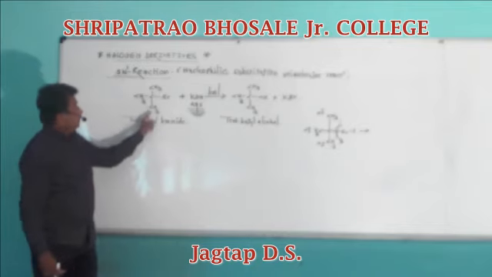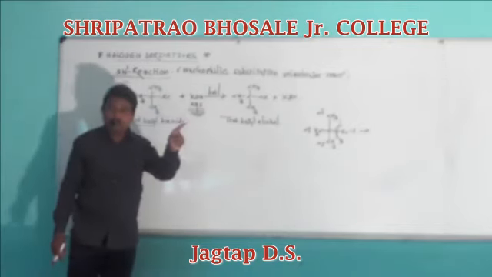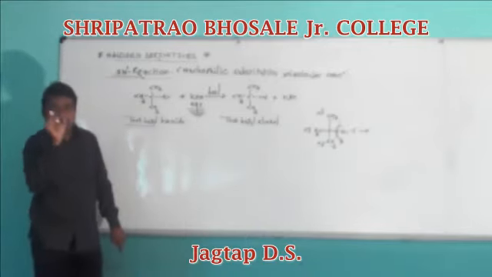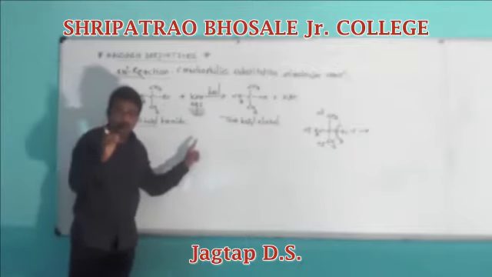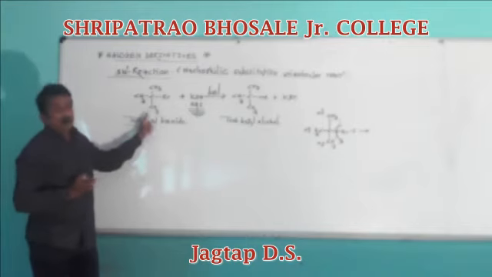Only one reactant species takes part in it. Therefore, the rate of reaction depends upon the concentration of tertiary butyl bromide only, the only one reactant species.